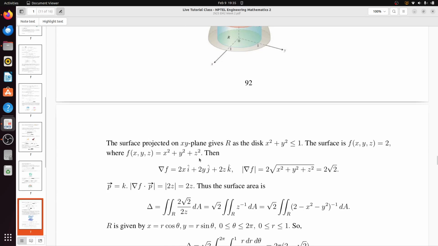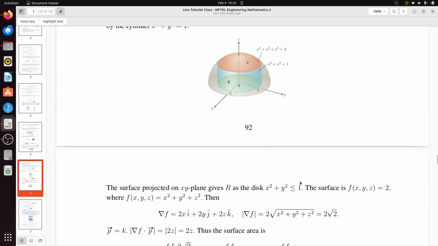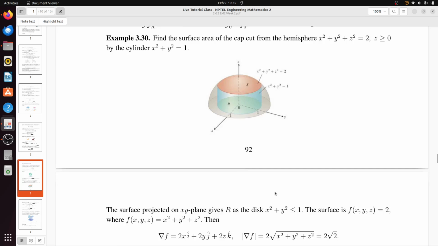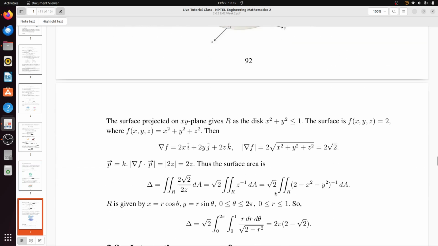The surface projected on the xy plane gives R as the disk x square plus y square less than or equal to 1. The surface is f(x,y,z) equal to 2, where f(x,y,z) is x square plus y square plus z square.